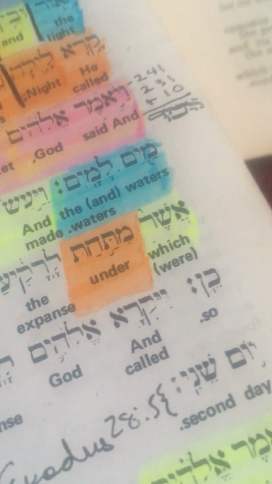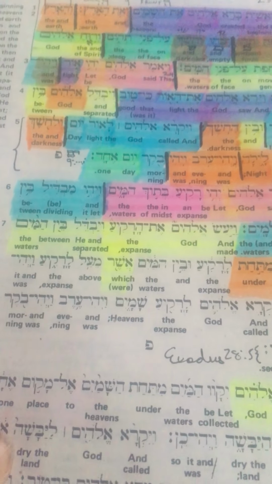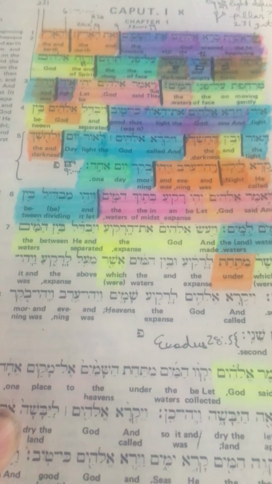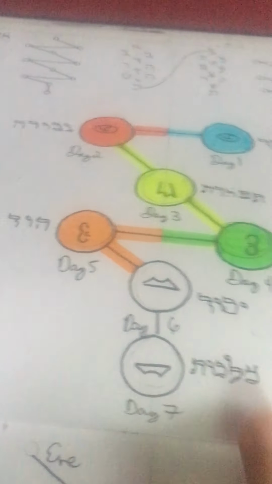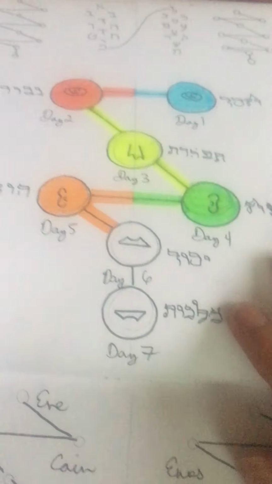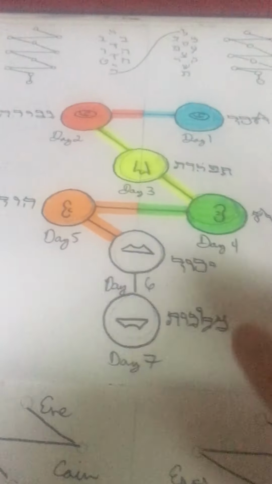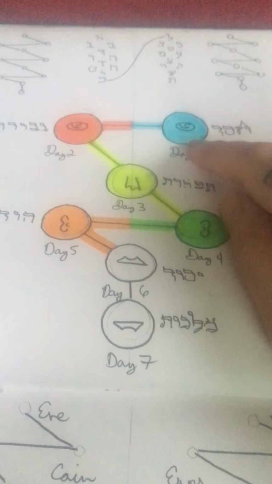And these 7 lower Sephiroth are the mystery of the 7 days of creation. Like this. At the opening of the eyes.